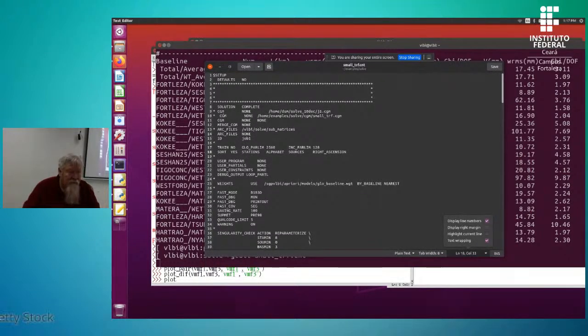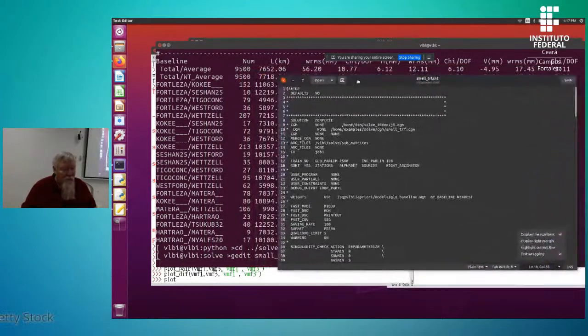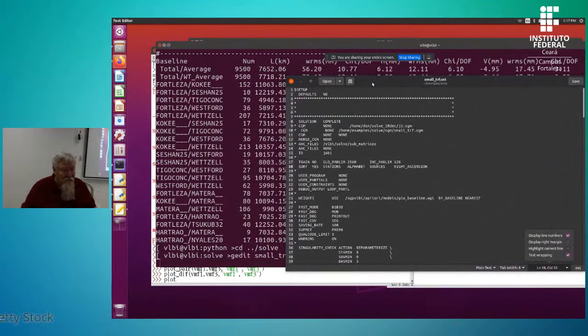What's a complete path? What do you want to do? You want to go to this directory. You do cd dot dot slash solve. So you're going to go up a directory and then down a directory.